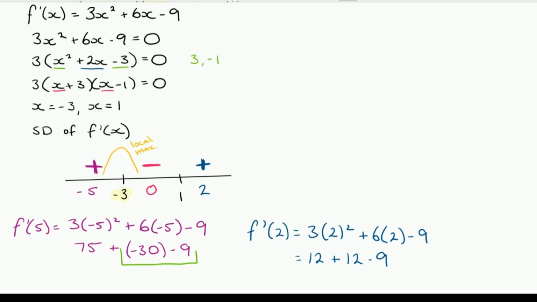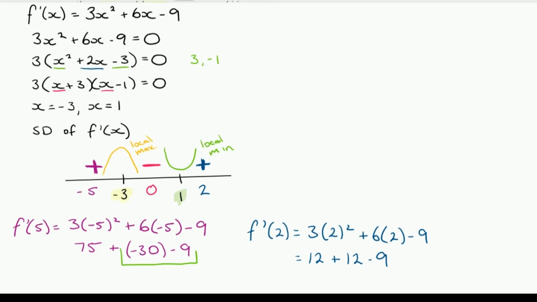And having a look at our 1, I've got a function that is decreasing. It gets to my critical value at 1 where it's stationary, and then it's increasing. So here I can see that I have a local minimum.